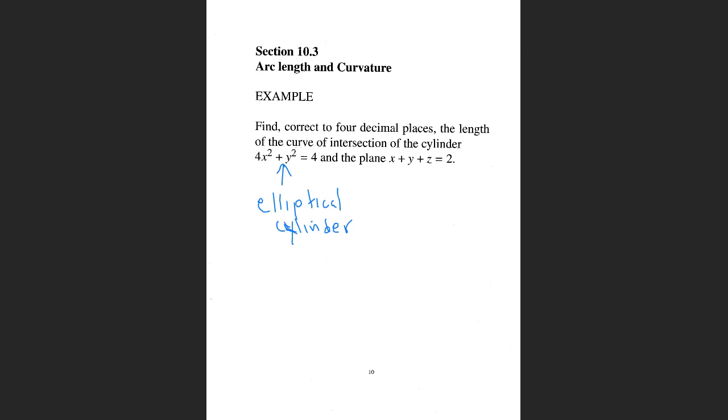It's an elliptical cylinder. So the cross section of the cylinder is an ellipse. Does this elliptical cylinder go sideways or does it go up and down?